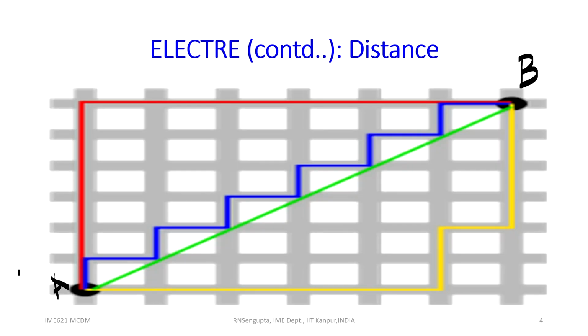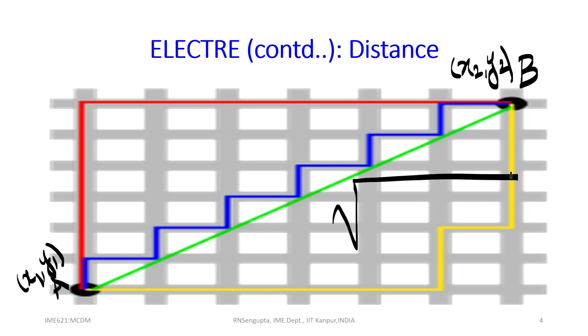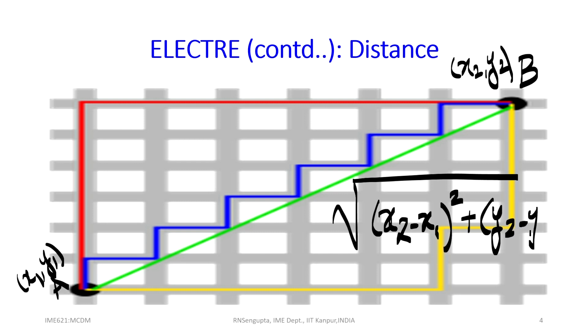So, if the coordinates for A are x1, y1, and for B are x2, y2, obviously I can find the distance between A and B, which is the square root of x2 minus x1 whole square plus y2 minus y1 whole square.